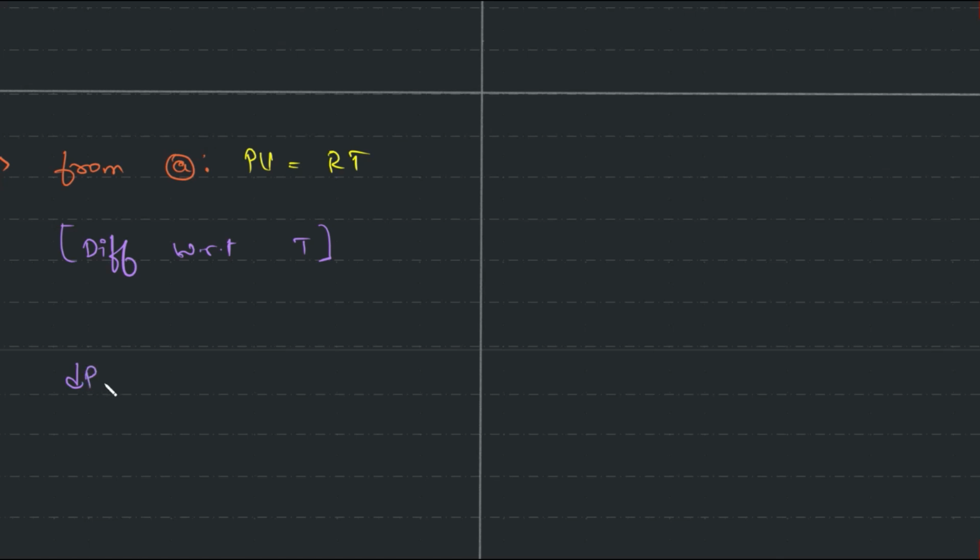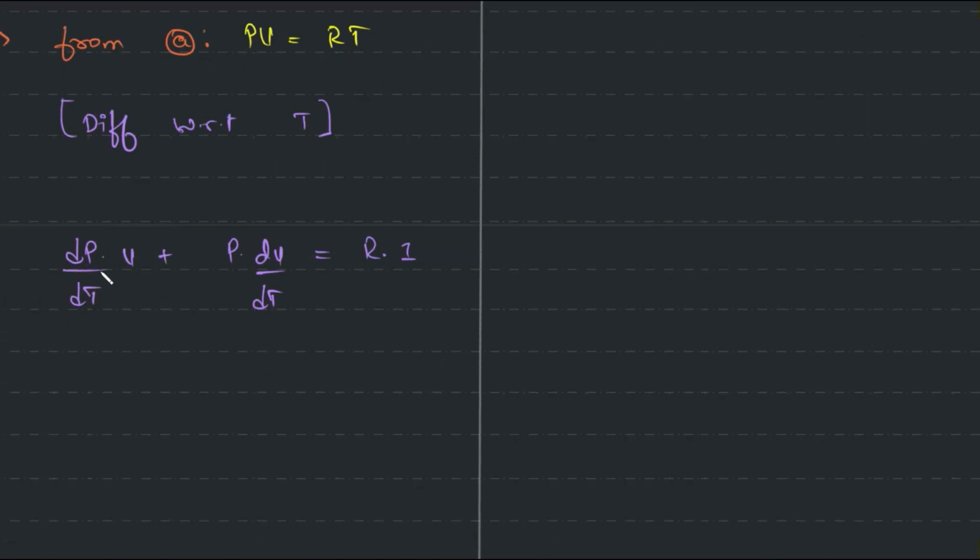So dP by dT into V plus P times dV by dT is equal to R, which is a constant. But since we are talking about constant pressure, dP by dT will be 0, as differentiating a constant term is 0. So we have P dV is equal to R dT.